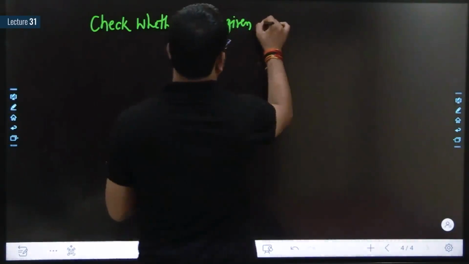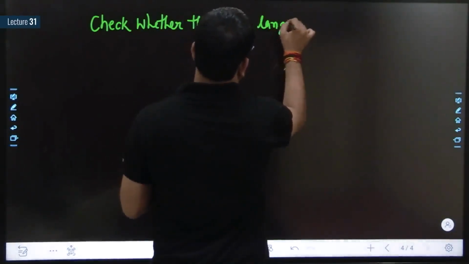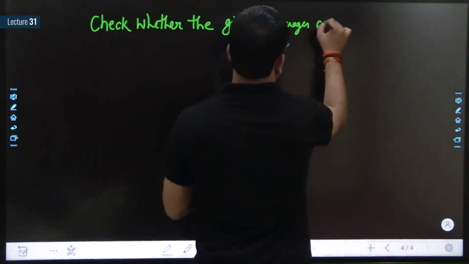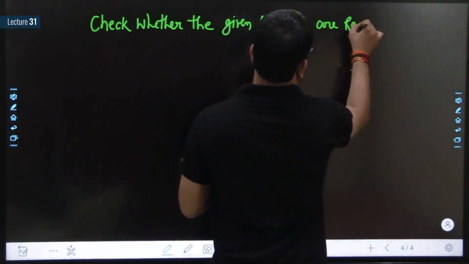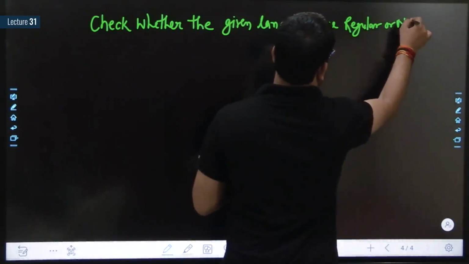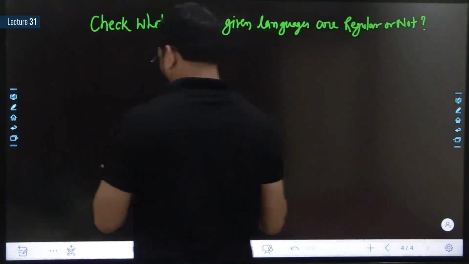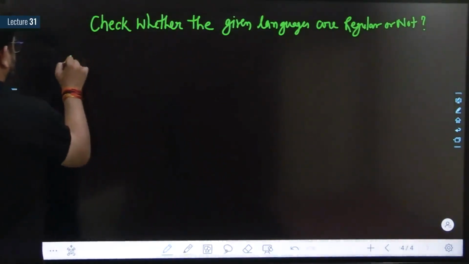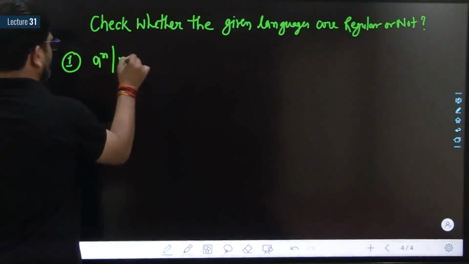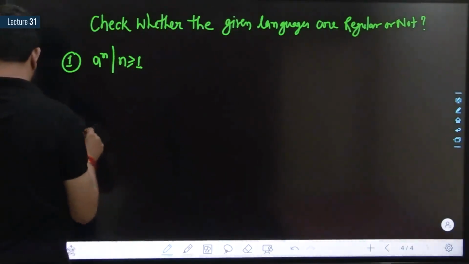See, first language, a to the power n such that n is greater than or equal to 1.